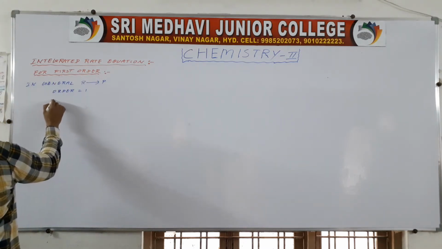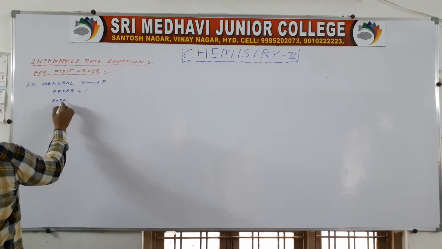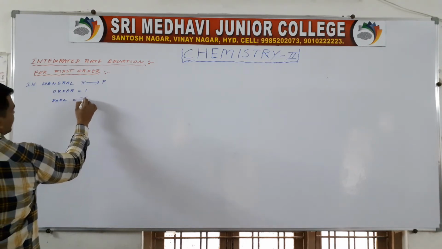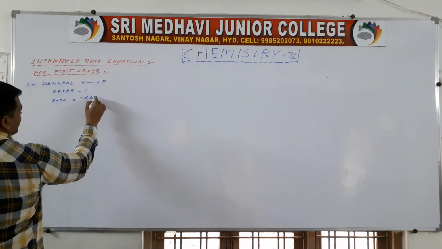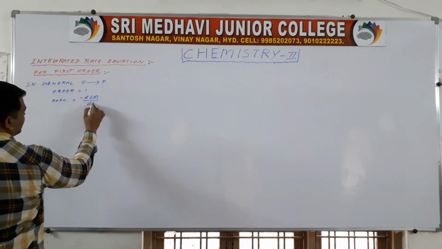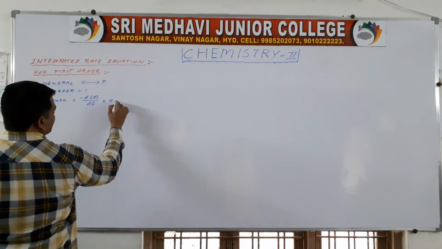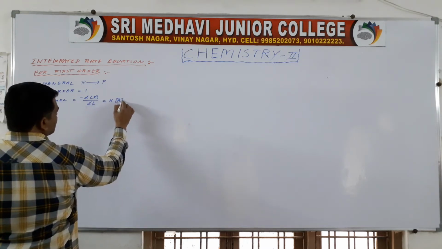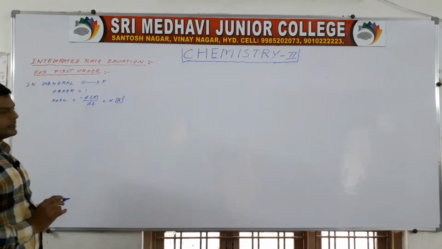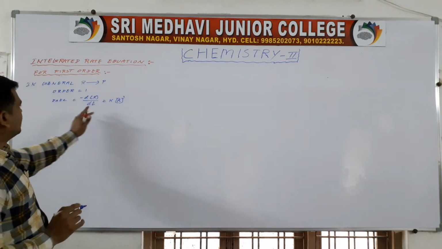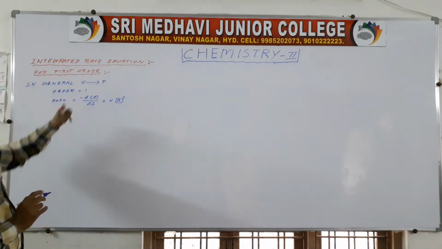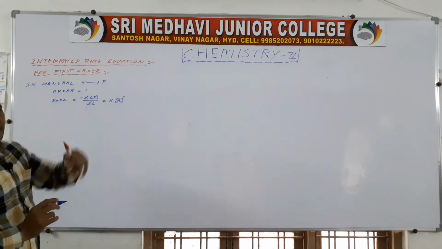Then rate equals minus d[A] by dt equals k into [A] to the power of 1. It is the rate equation for first order, because its order is 1.